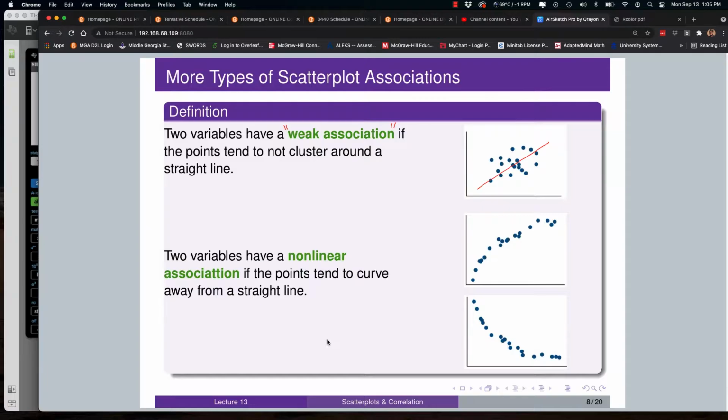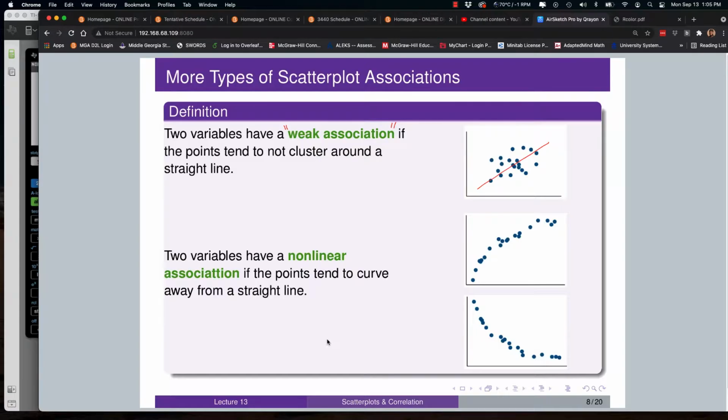And the more nebulous your cloud of points is, you have a weak association, which means that our points are not going to tell us as much about the association of our data as we would like them to. So that's not always a good thing. The weaker the association, the less information we can get, basically.